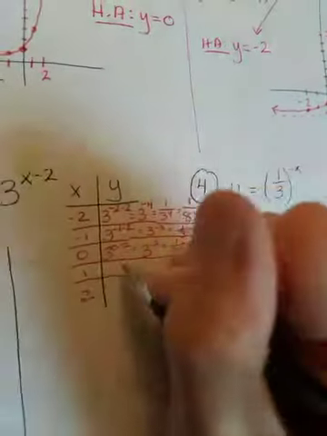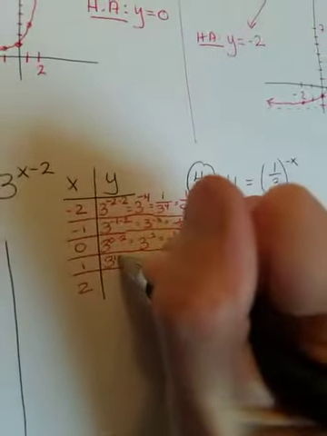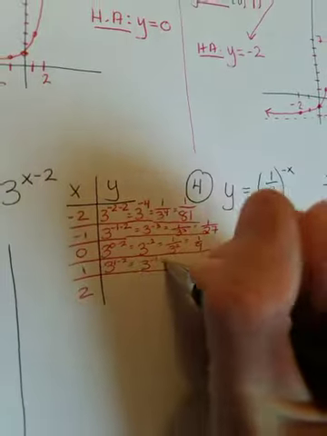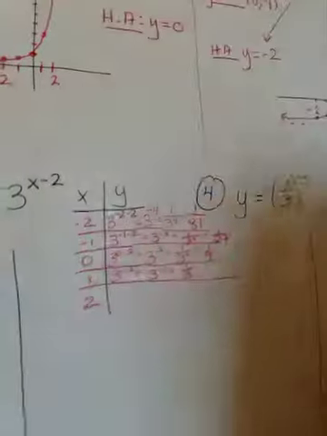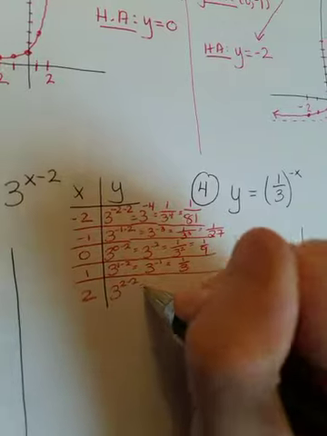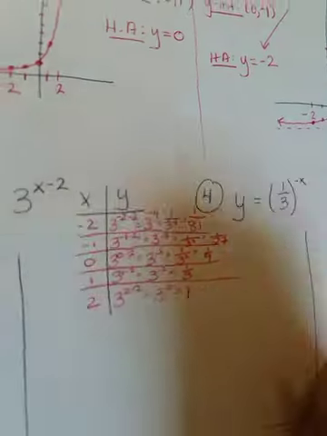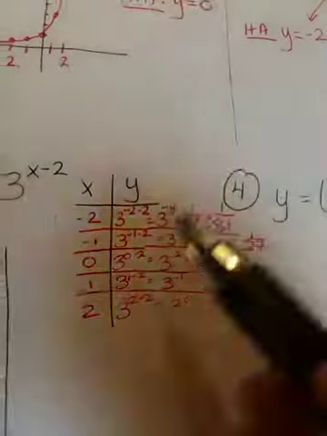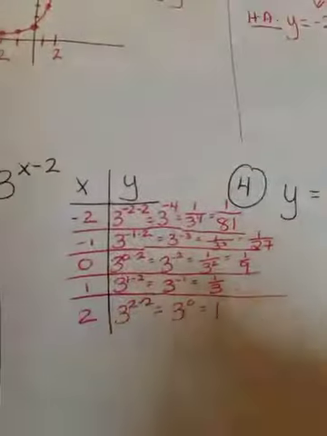These are all very small numbers. Next we have 3 to the power of 1 minus 2, which is 3 to the negative 1, which is 1 over 3. And then our last one, 3 to the 2 minus 2, that's 3 to the 0, which is 1. So if you need to go back through that arithmetic, rewind or pause it and look at what I did there.